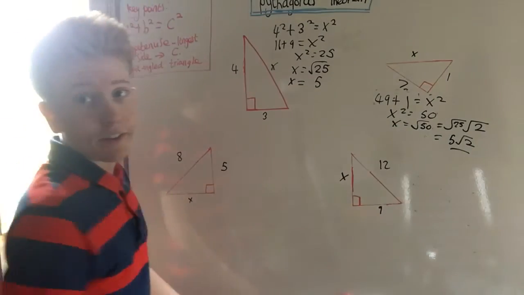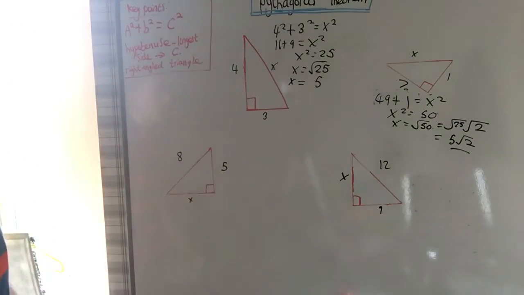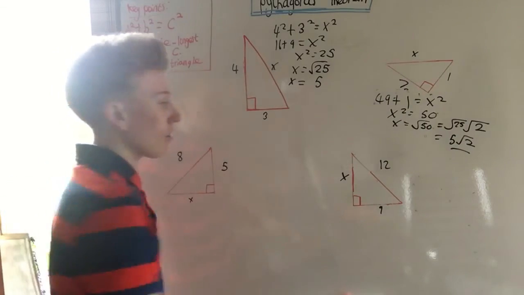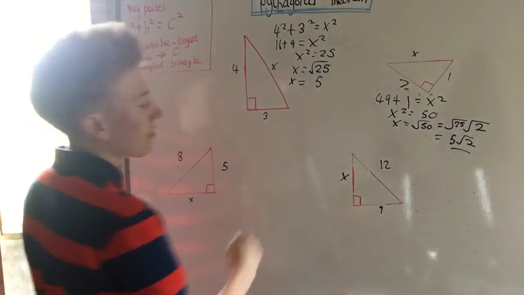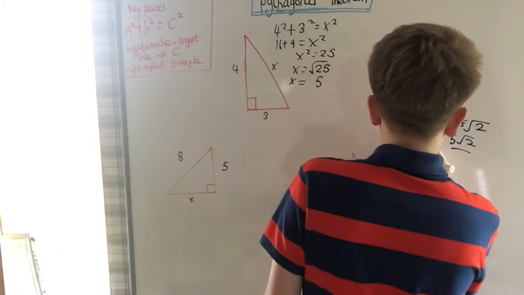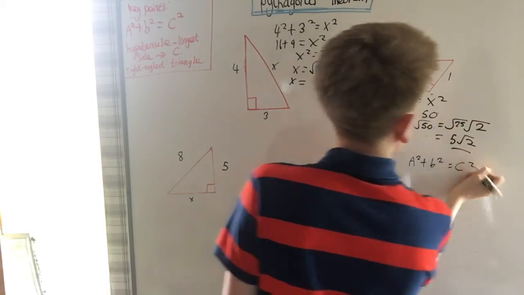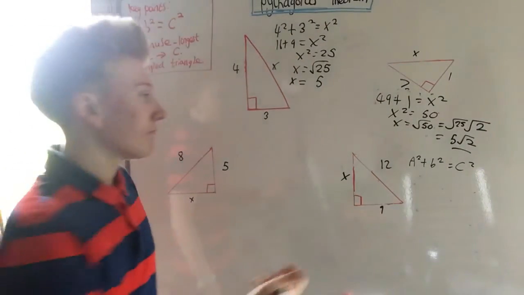Now with this example here, this one is slightly different. Hopefully you notice that the longest side, C, is actually given to us here. So it's simply a case of rearranging this formula to find x, which is the shorter side in this case. So a squared plus b squared equals c squared. A squared, I'm going to call x in this case.